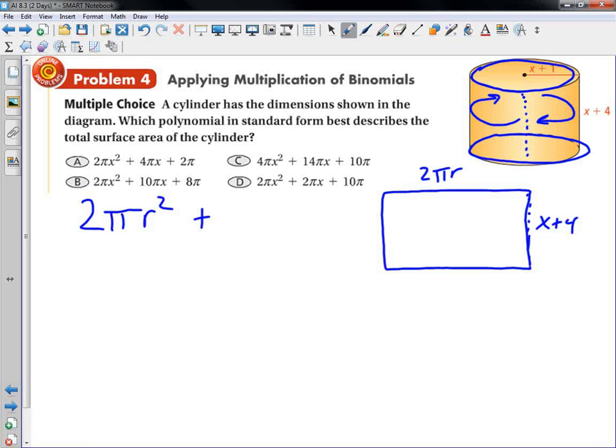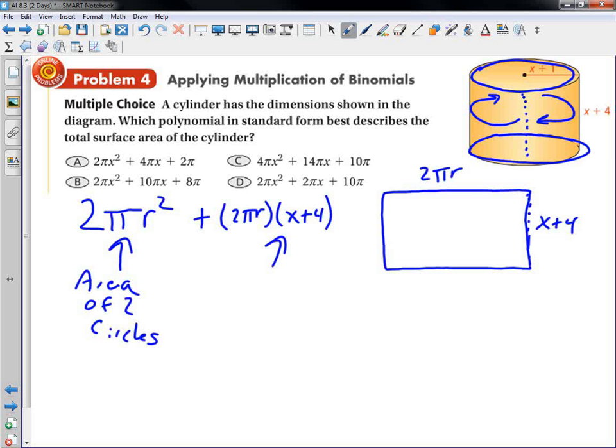So what I have is 2 pi r times x plus 4. Okay, because what we have here is the area of two circles, and this is the area of the rectangle.